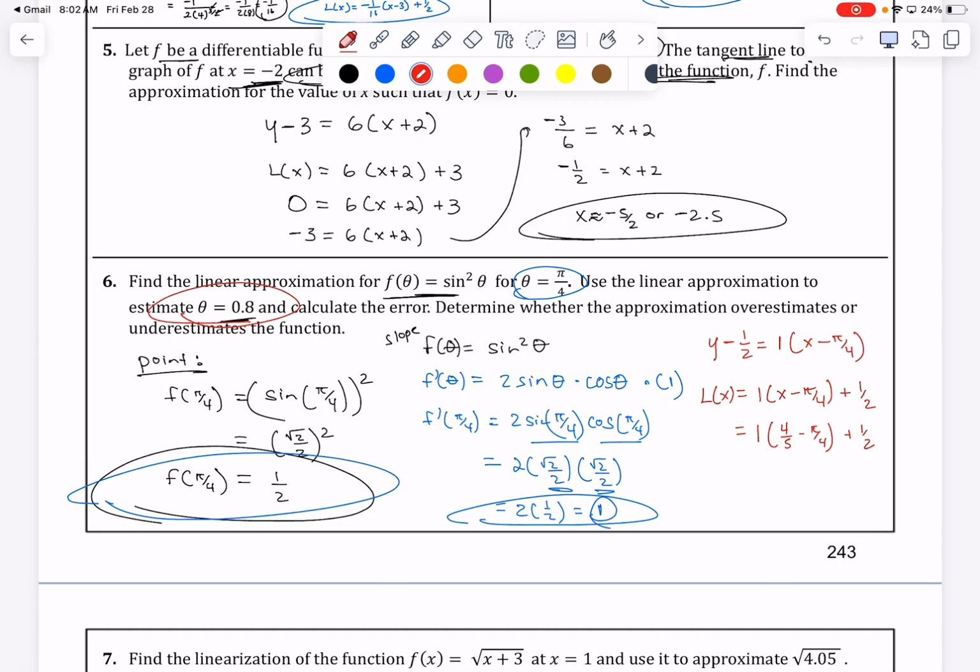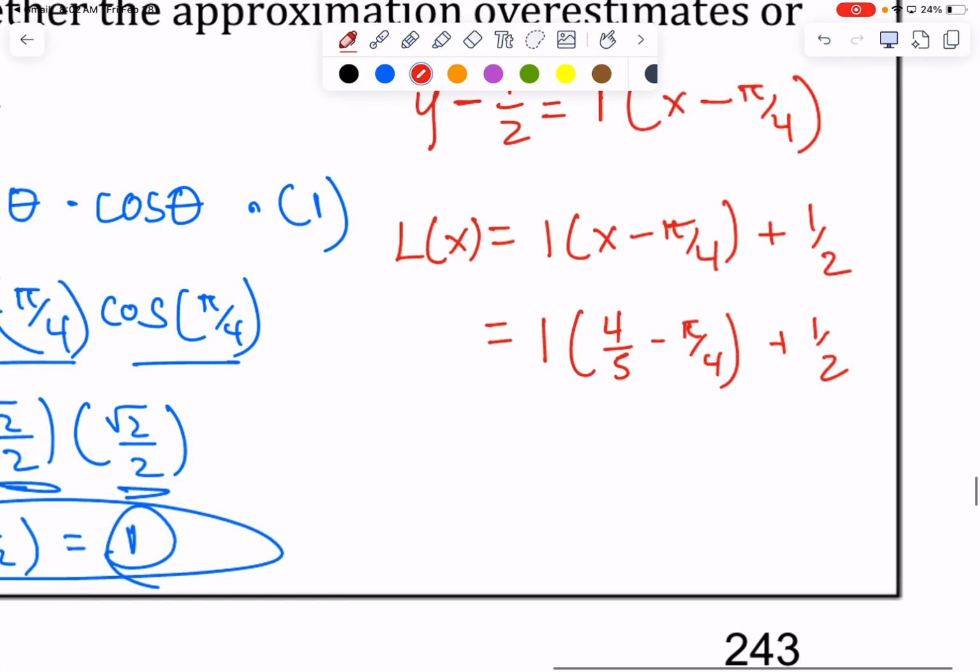What's the common denominator for 4/5 and pi over 4? 20. So no, it'd be 16 over 20 minus 5 pi over 20. Because you've got to multiply the first one by 4, so that's 16 over 20, correct? And then we're going to have 5 pi over 20.